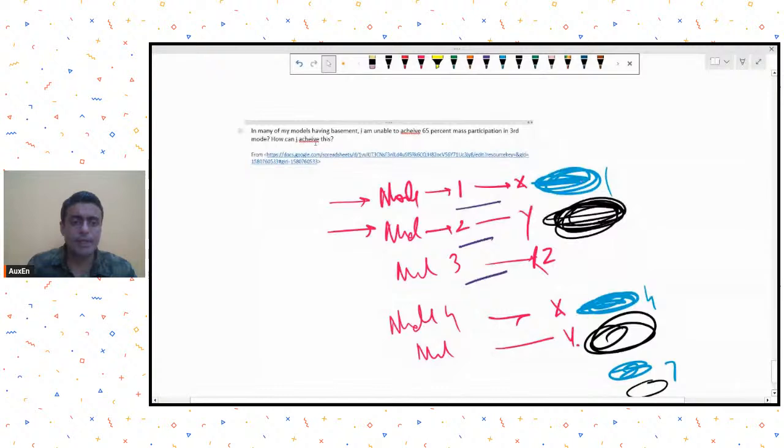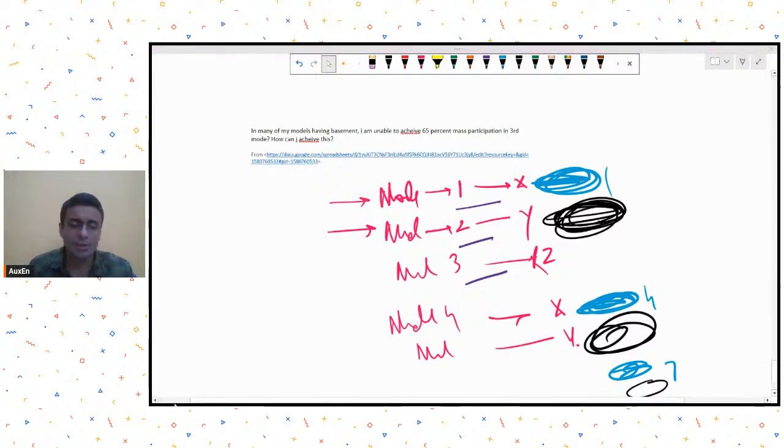The second point was, what was the second part of his question? The second part of his question is that in his many models having basements, he is unable to achieve this. So if you are not able, see, in your initial modes, even if you achieve somewhere around 60% of mass in your fundamental modes, it is good enough.